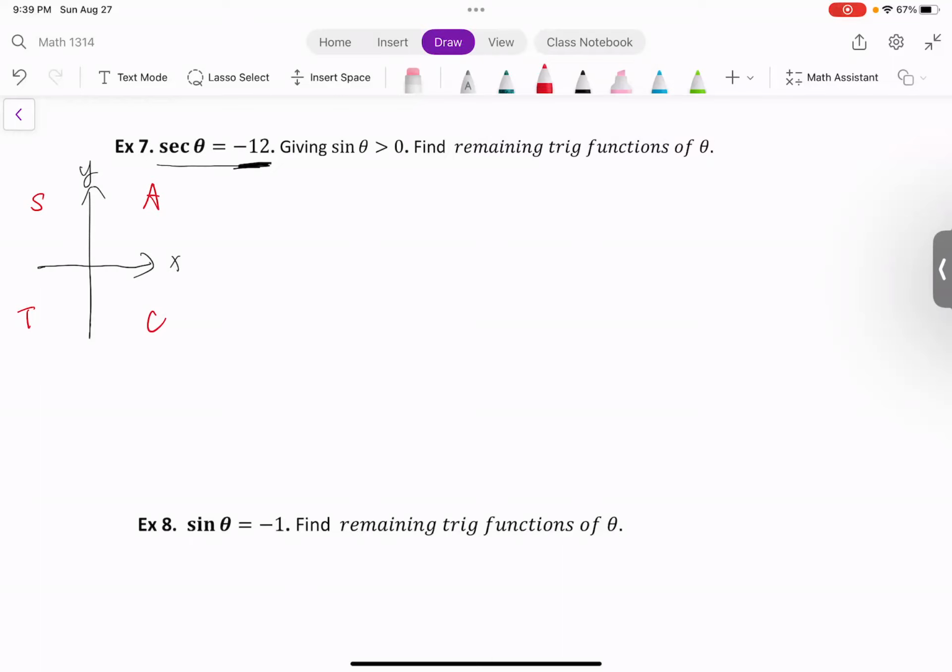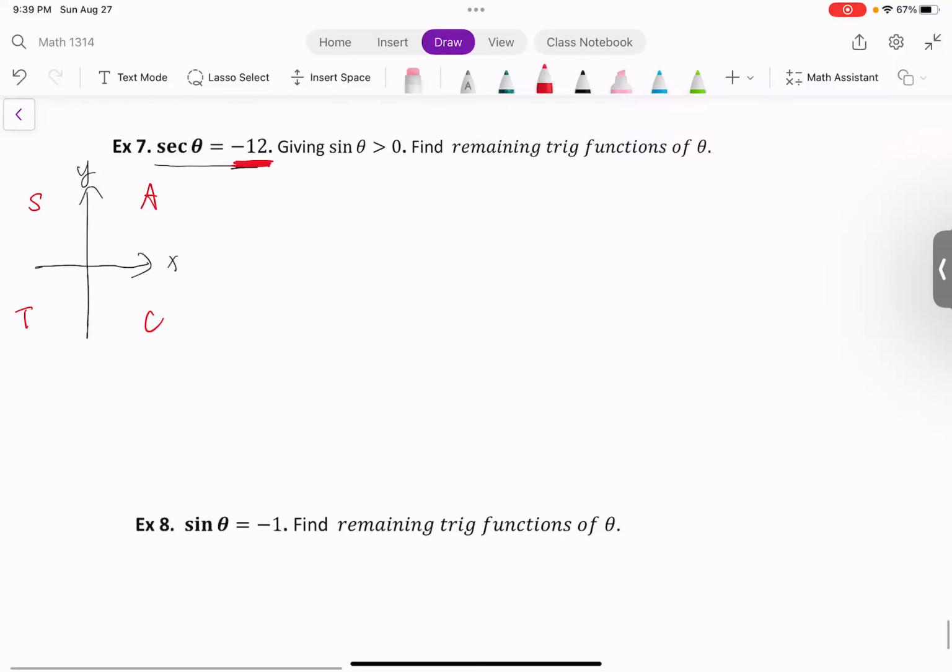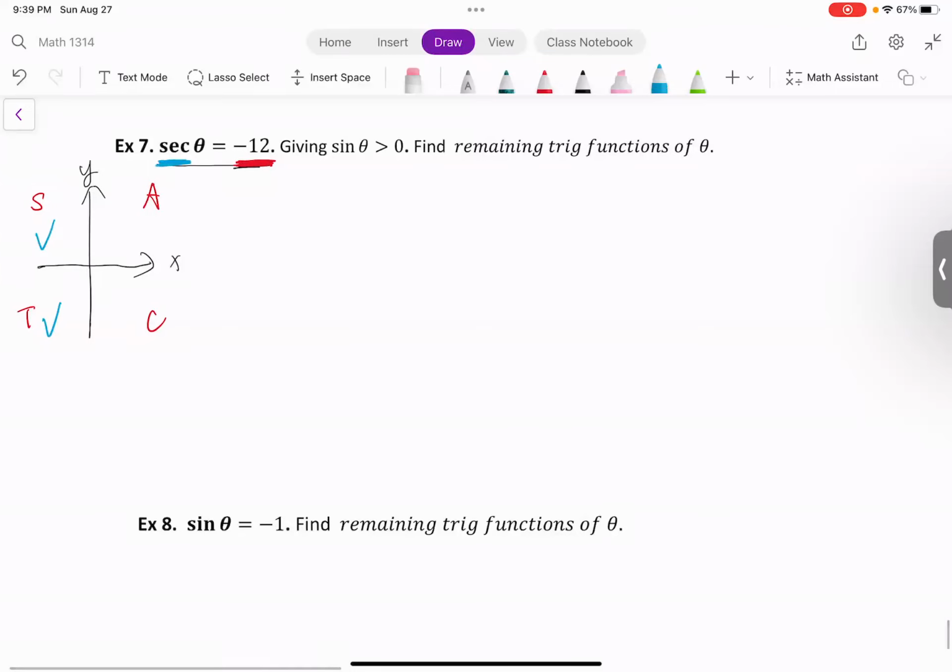All right, so cosine negative is in the second and third. Let's highlight this. Because secant is the reciprocal of cosine, that means I need to find cosine negative. Next information, sine theta is positive.